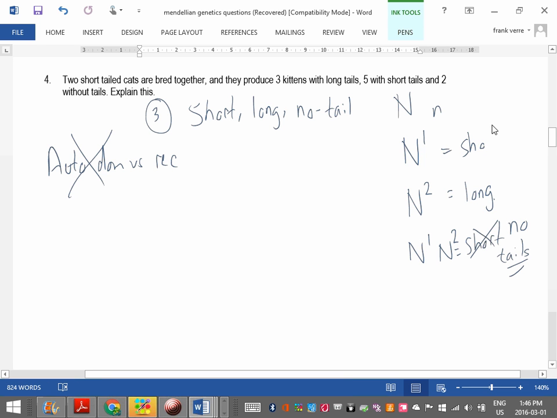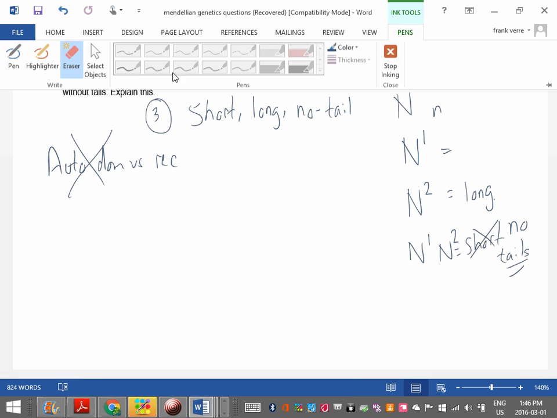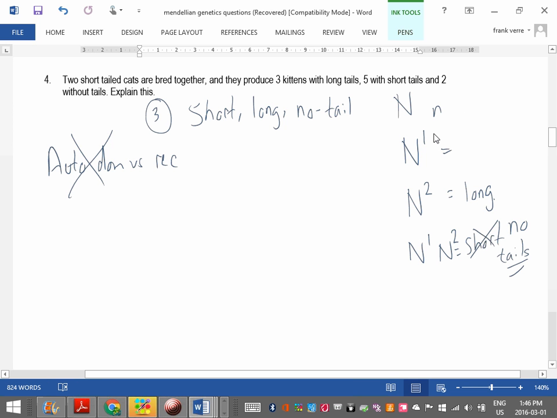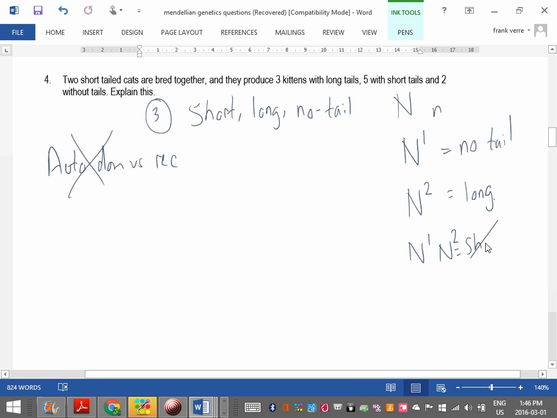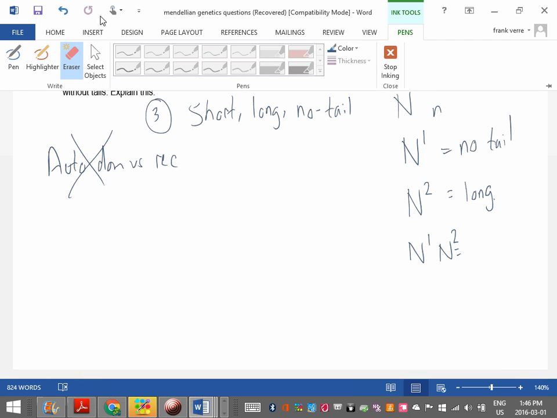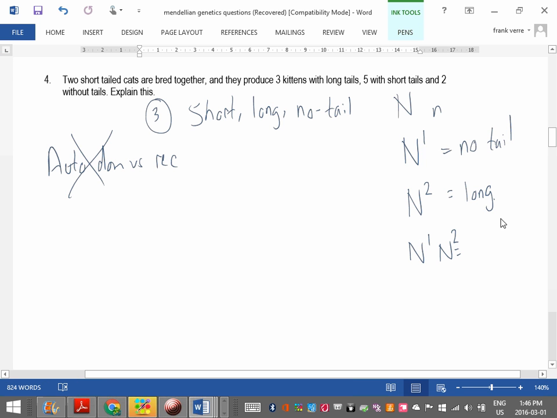Maybe N1 means no tail, and N2 means long. And then the average of nothing and something very long would be something that is short, because remember what blending is. It's the average, right? So this would be short.